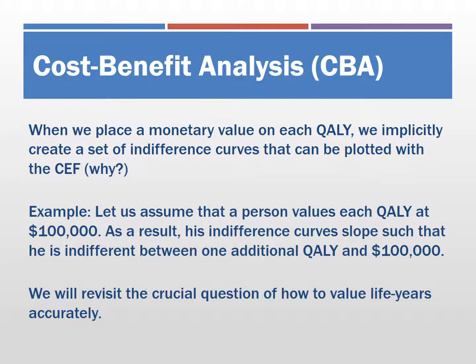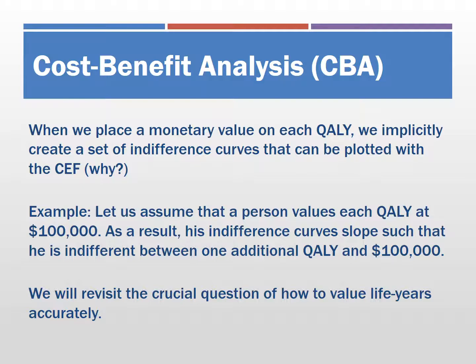So let's suppose when we place a monetary value on each quality of life year, we are implicitly creating a set of indifference curves that can be plotted with the cost-effectiveness frontier. For example, let us assume a person values each quality year at $100,000.